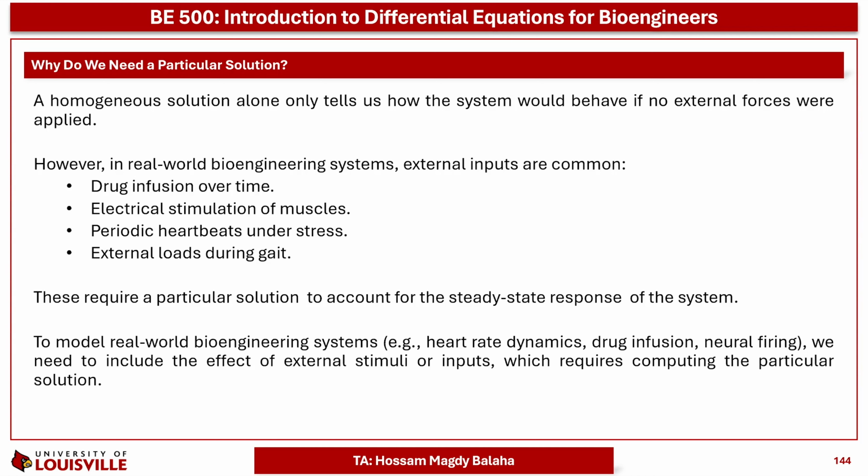The external input or force in engineering systems can be drug infusion over time, electrical stimulation of muscles, periodic heartbeats under stress, external loads during gait. So to model a real-world problem, we need to study the effect of these inputs on the system.